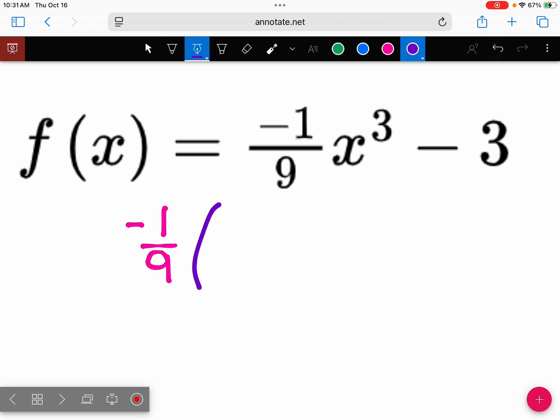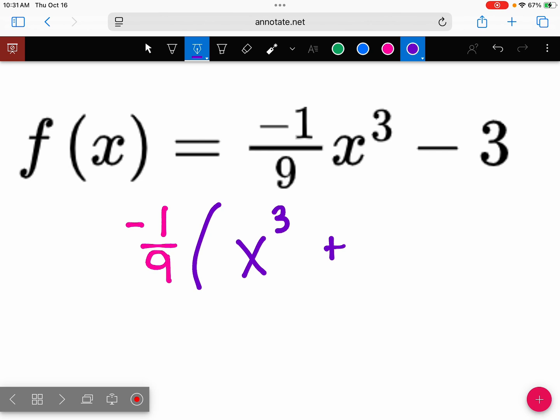If I take my -1/9 and I divide it out of my -1/9 x cubed, we're just going to be left with our x cubed. If I try and divide out -1/9 from -3, so -3 divided by -1/9, those two negatives are going to cancel out.